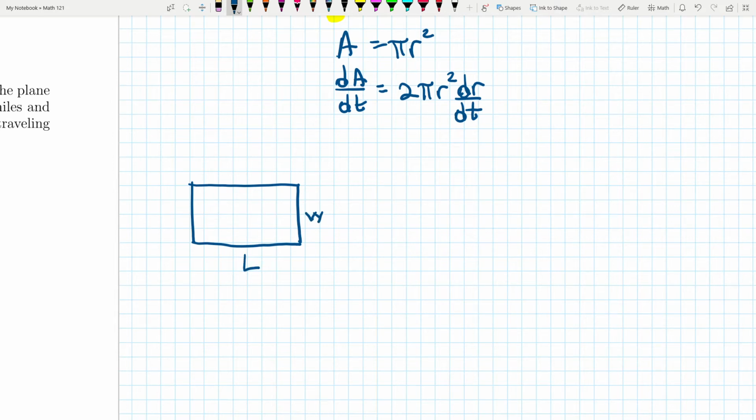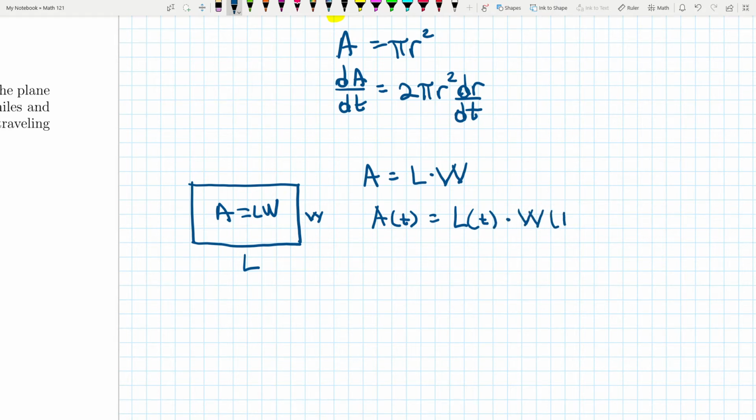And we are going to relate the area of this rectangle, which is length times width. So area equals L times W. All right, so again, this area will change with respect to time. So the length will change with respect to time, along with the width.